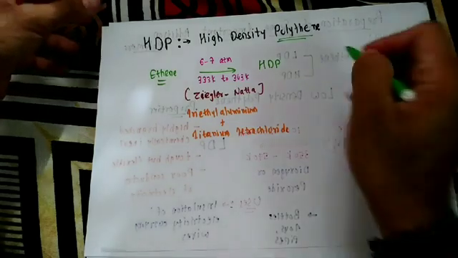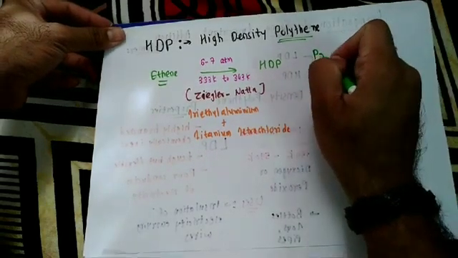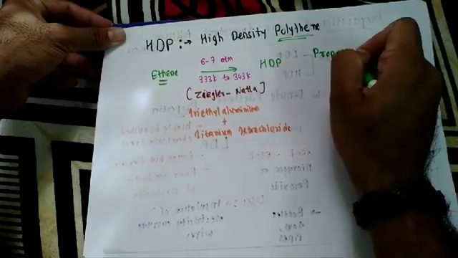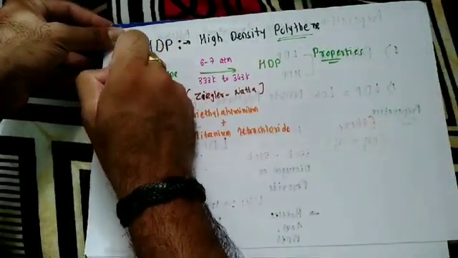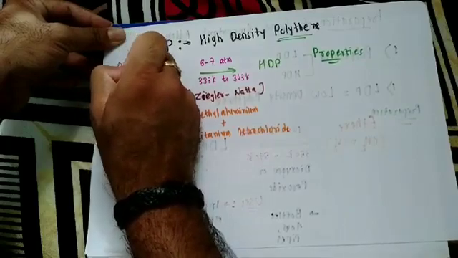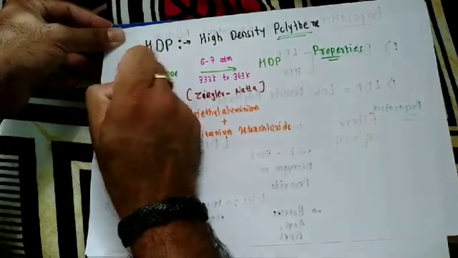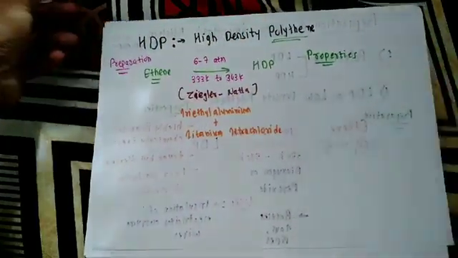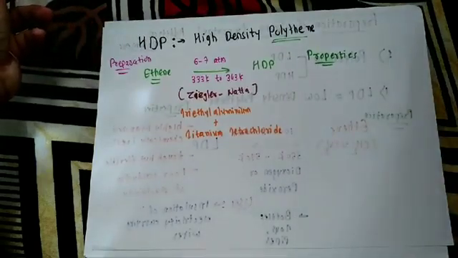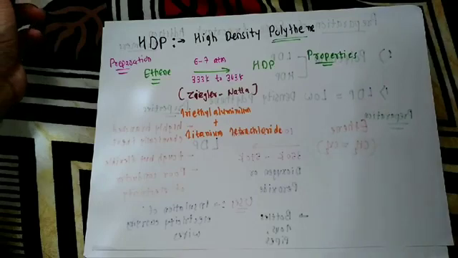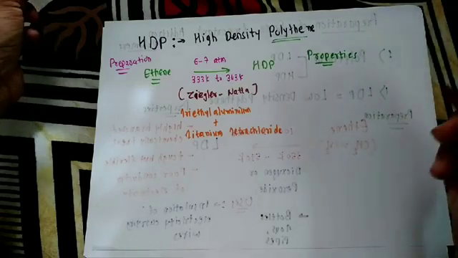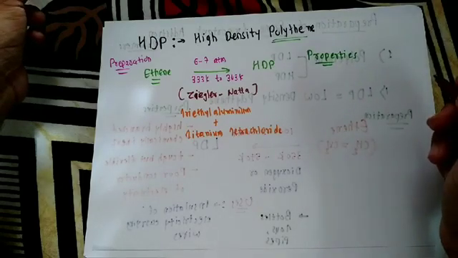Now we'll look at the properties of HDP. What is the difference between HDP and LDP? LDP was highly branched, but HDP is not that much branched.